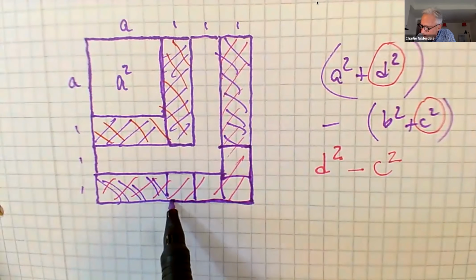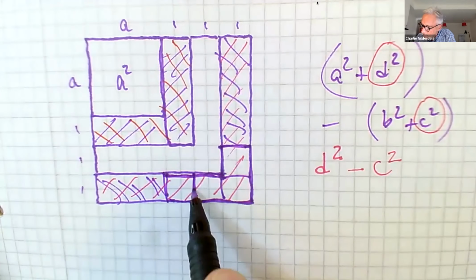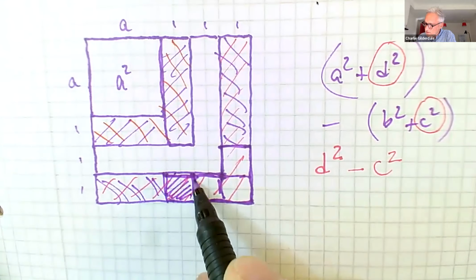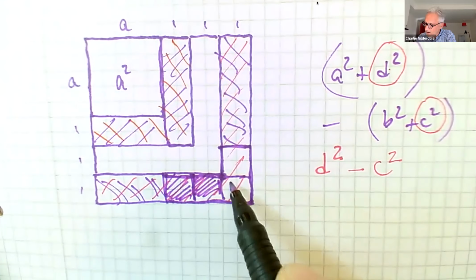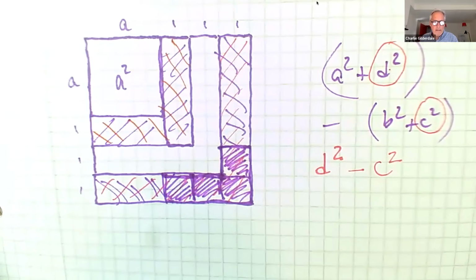I'm left with this here. I don't know whether there's a better way of dividing this to show that it's 4, but at least, yeah, that definitely works.